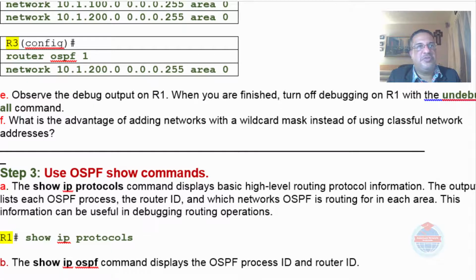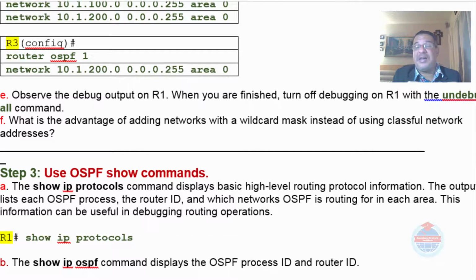So the next question is, what is the advantage of adding a network with a wildcard mask instead of using a classful network address? Well, I would say that sometimes a router can be working inside of a major network, and different interfaces can be involved with different areas.